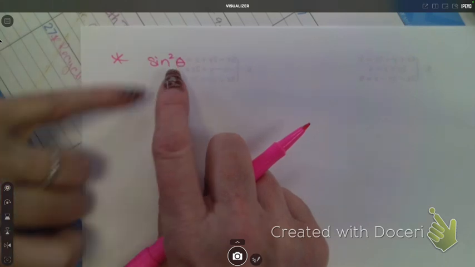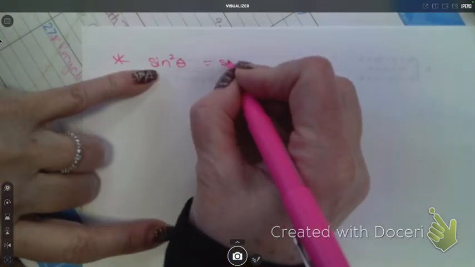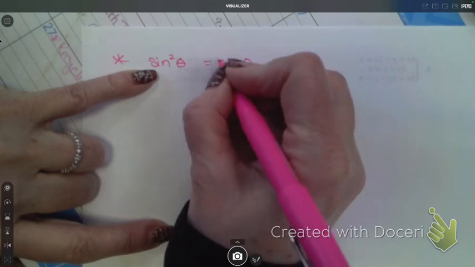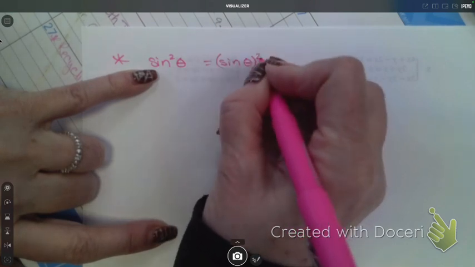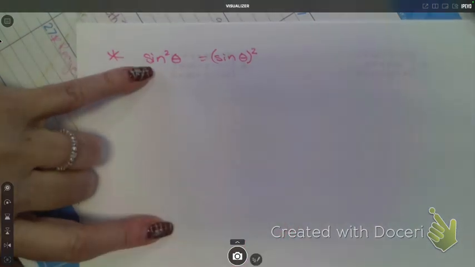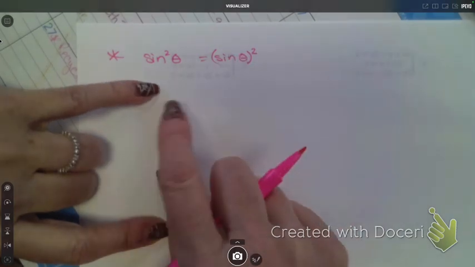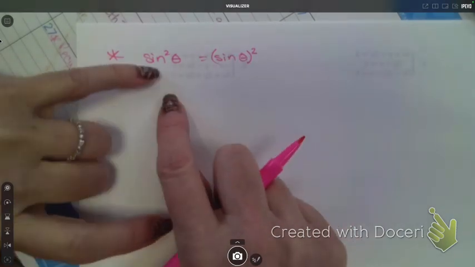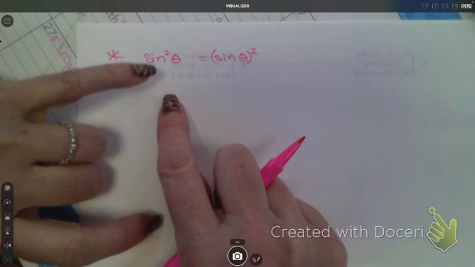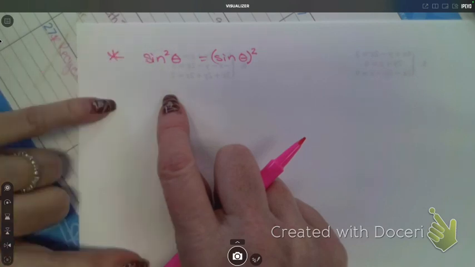So what this really is is sine of theta, your answer, squared. Which way does it look better, left or right? Right. Really? I like this one. I like the right better. Okay, well, I'm going to tell you this is how they're going to write it on the left. I agree.